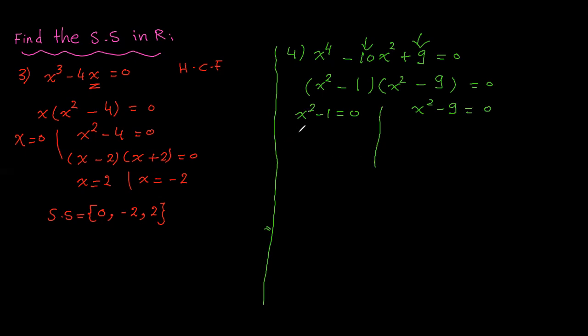We find that x^2 = 1, so the answer is positive and negative 1 by taking the square root. And x^2 = 9, so x = positive and negative 3 when taking the square root. So the solution set here has a lot of answers: -1, 1, -3, and 3.